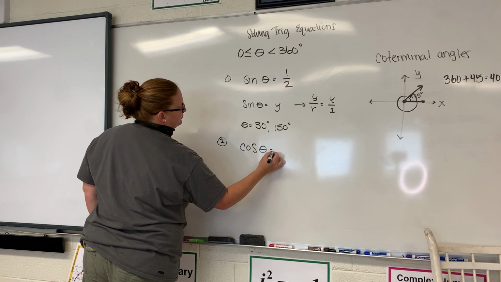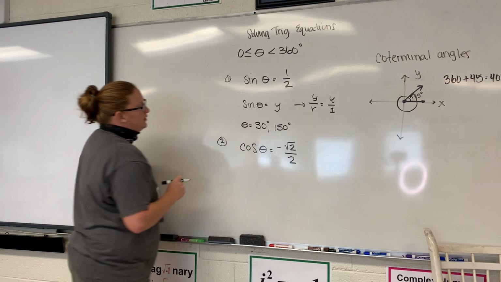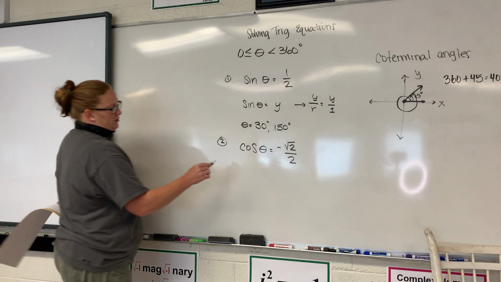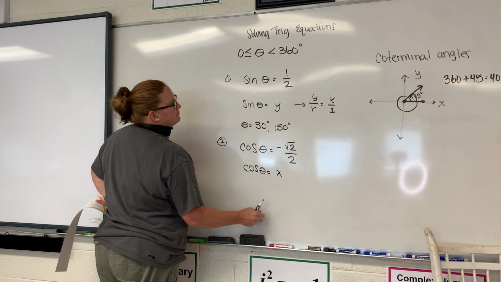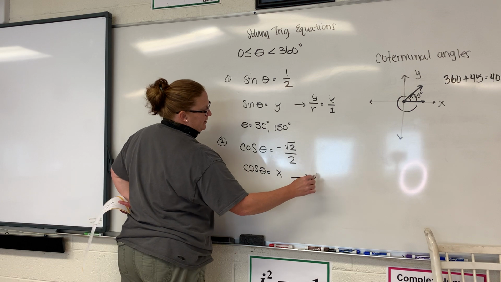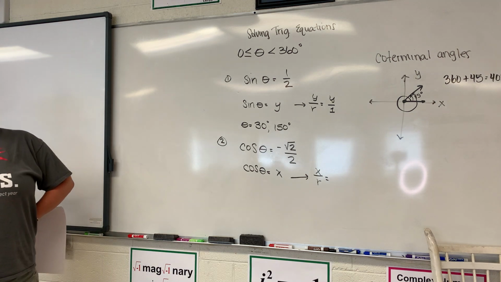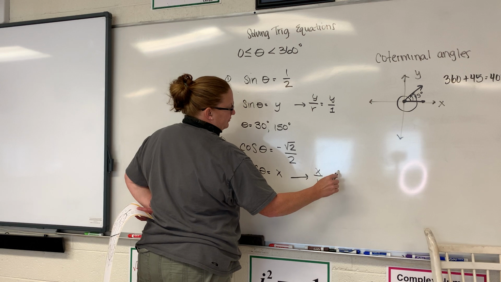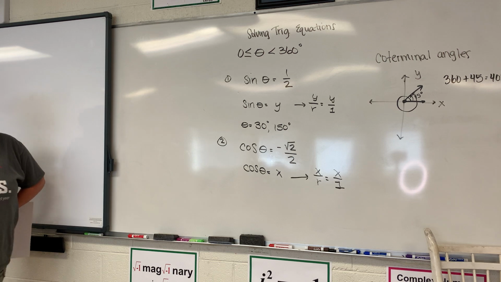Let's do cosine. Cosine of an angle is negative square root of 2 over 2. With cosine, what are we looking for? We're looking at x, and again, it is x over r if our circle were to change outside of the unit circle. Since we have just the unit circle, it's over 1. That's why we can just say we're looking at just the x's.